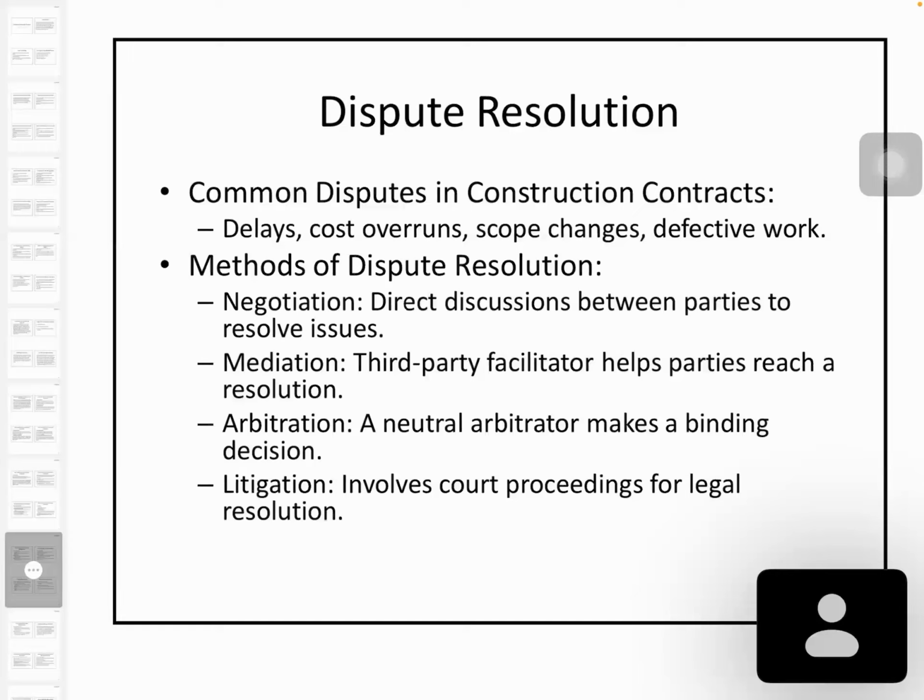If you go for arbitration, a neutral arbitrator makes a binding decision, which is accepted by the court as well. Litigation involves court proceedings for legal resolution. Here I didn't mention education; if you want, you can also do it. Some contracts you can see have a dispute resolution board as well.